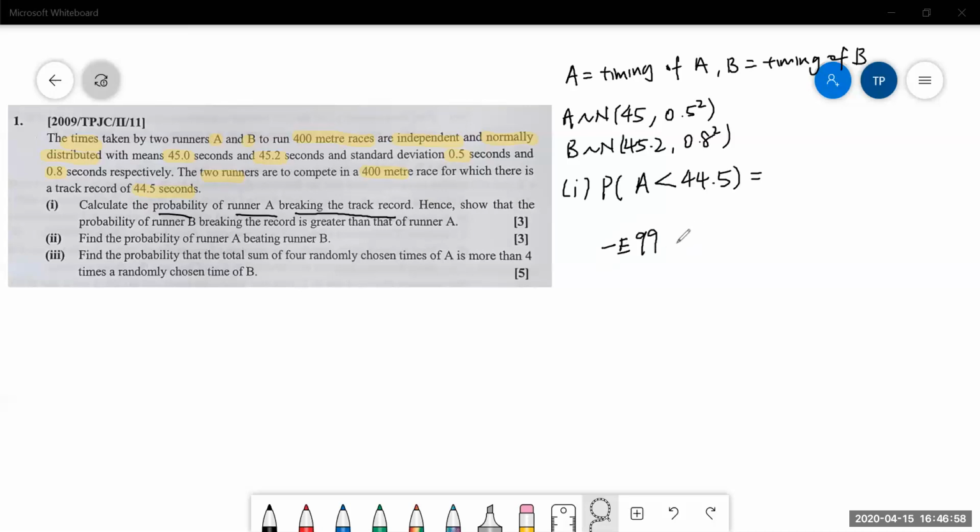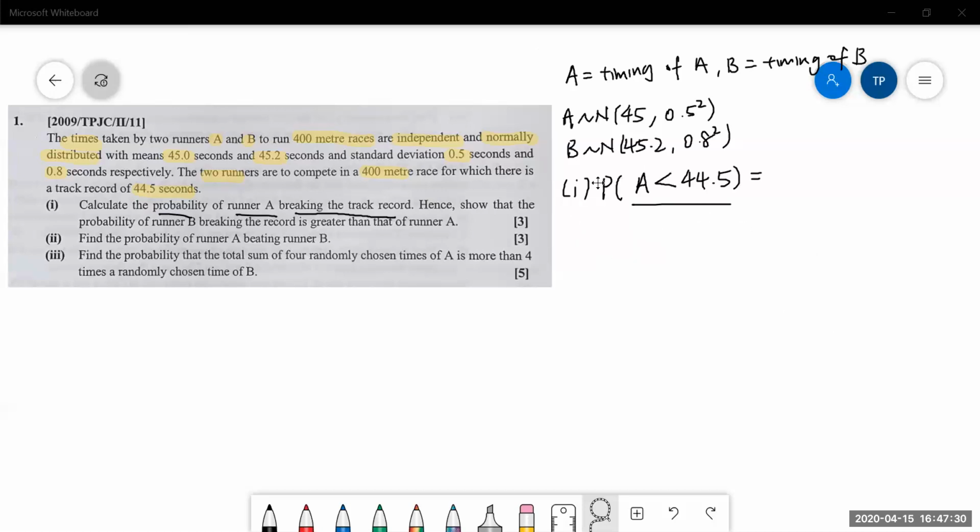No, you look at this, A lesser than 44.5. So it goes all the way to negative infinity. Okay. Upper bound will be 44.5.